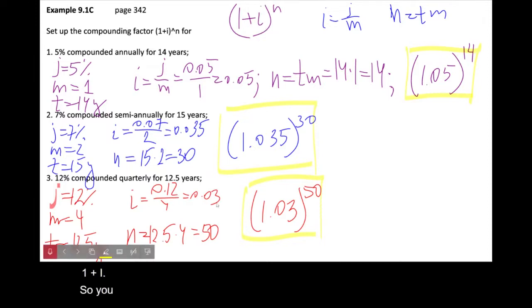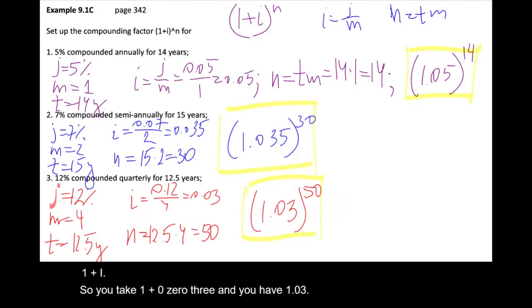You take 1 plus 0.03 and you have 1.03. Yeah, the formula is right there.